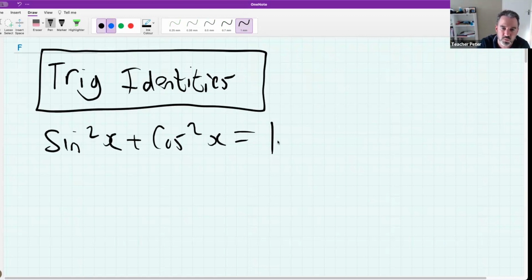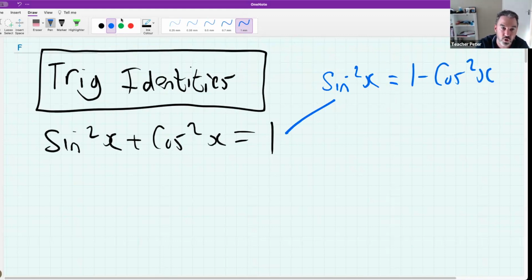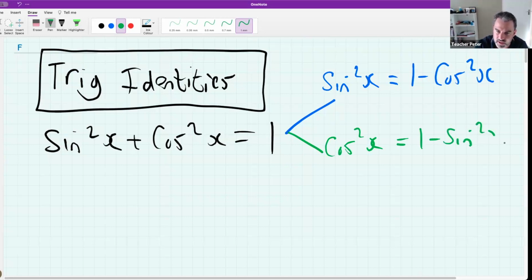That could be rewritten as sine squared x equals 1 minus cos squared x, or cos squared x equals 1 minus sine squared x. So that's the same identity. It's called the square identity, but you can rewrite it in different ways.